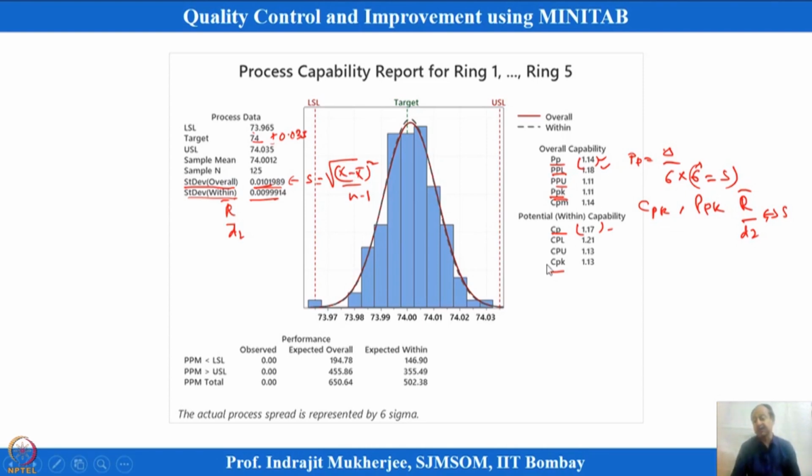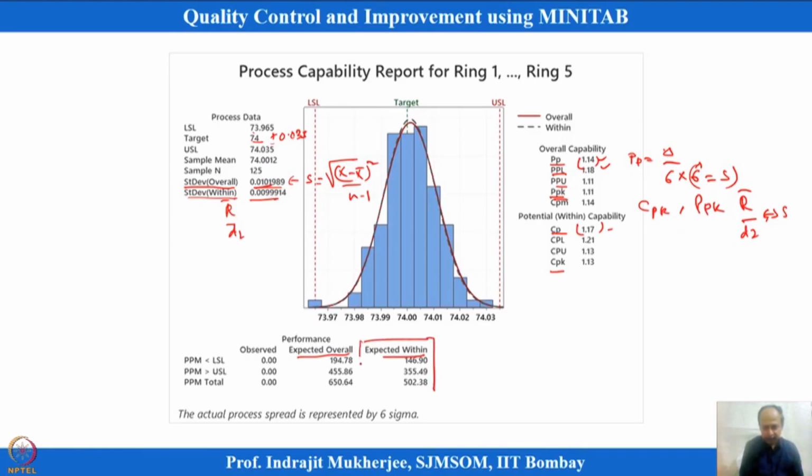In case the data was not collected based on a control chart, sometimes we report PP and PPK indices in industry also. So, certain scenarios will be there. Here you see what is known as expected overall performance and expected within performance.